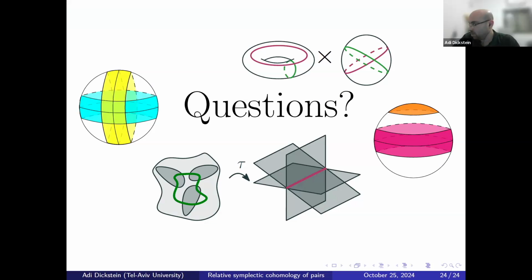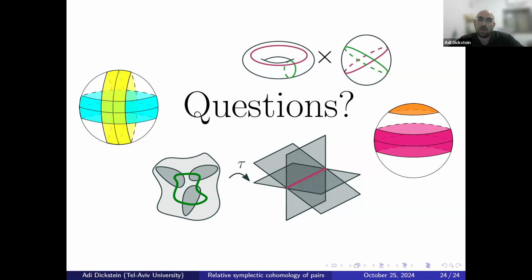In a surface, are you asking for two Lagrangians that are non-displaceable one from the other, if and only if the product is not zero? In some cases it can be true, but in general, if our Lagrangian is not heavy, then the measure will be zero.